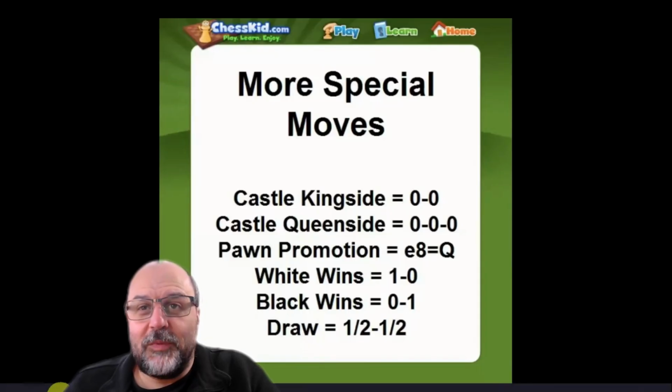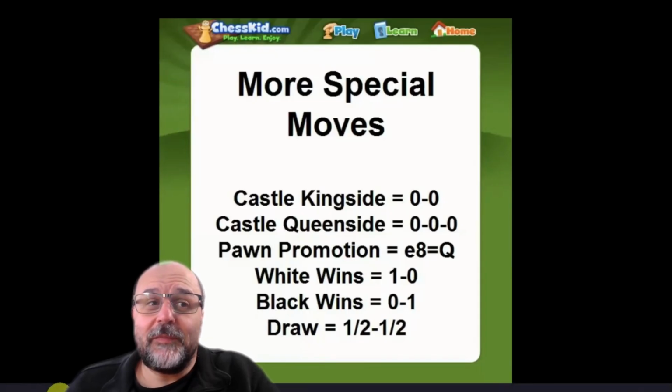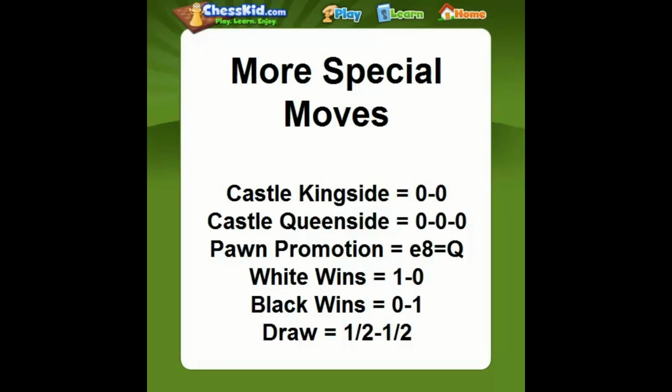That is more common in Australia when you're playing in tournaments, is to use the equal sign and to show what that piece represents. You can also put the piece you turn into in parentheses like this. E8 parentheses queen. So they all mean the same thing. They just mean you went to that square with your pawn and you turned into a queen. So whichever one you like, whichever is your favorite, you can use that.